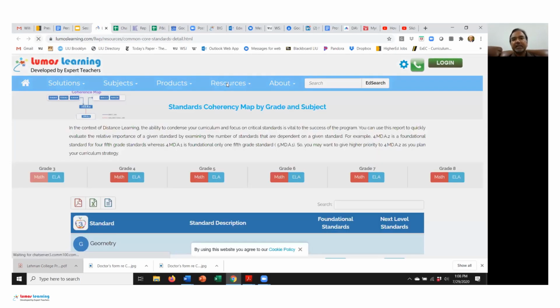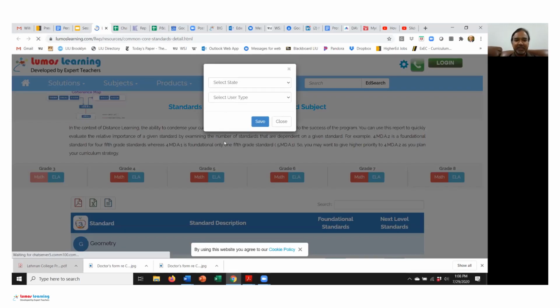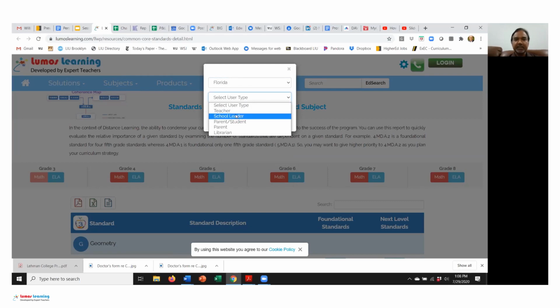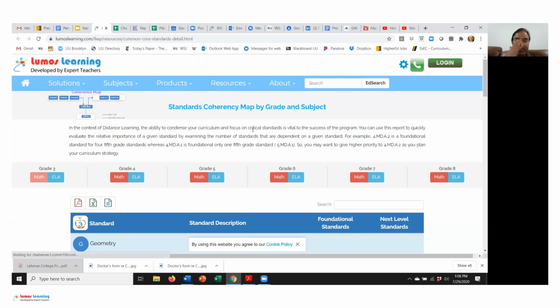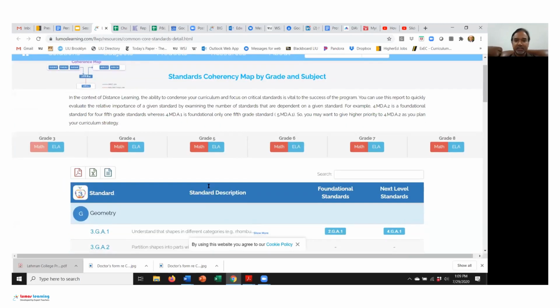Excellent. So you can select, say, Florida, the sunny state, and then select user type as a teacher or school leader. It will be the same. Save. Excellent. Thank you. And now if you could scroll down, you can also close that cookie policy message if it's coming in the way.